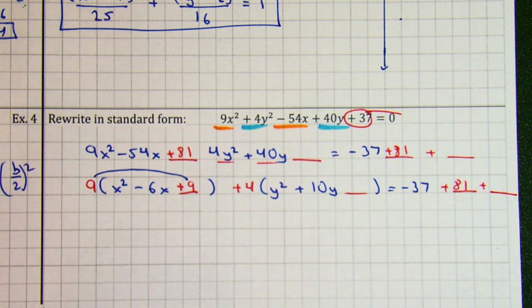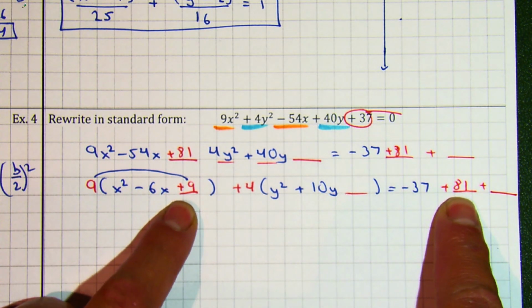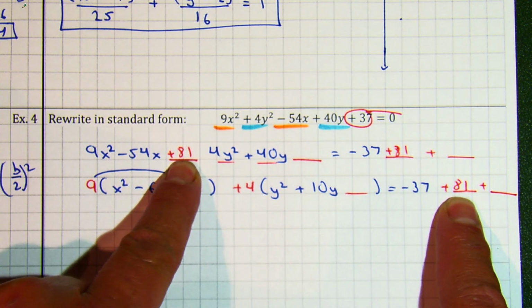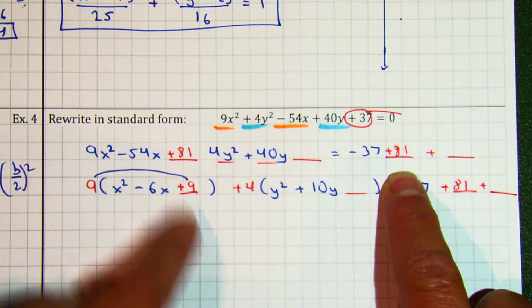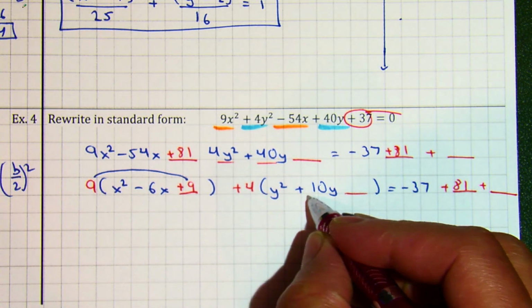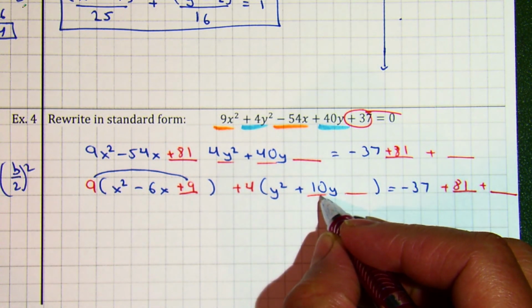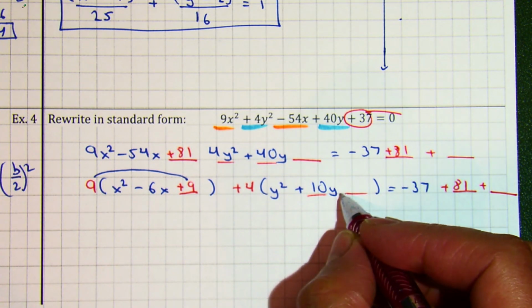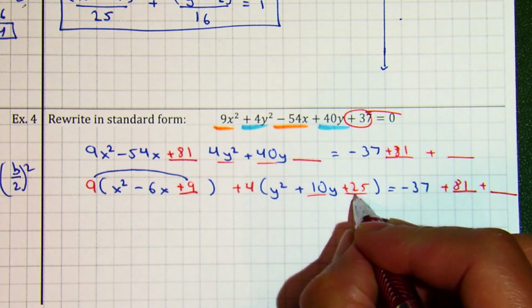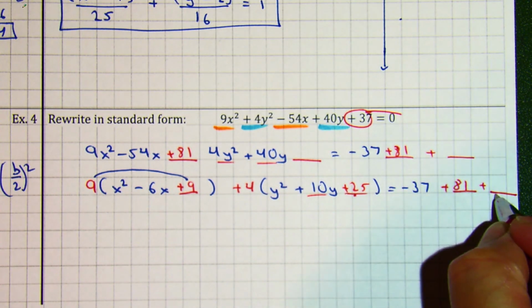Now most students just place that 81 here, but I want to make sure that you understand that that is what we are adding to one side, and we need to add the same to the other side. However, for this one, half of negative 10 is positive 5. Square gives me positive 25. And what I add on one side, what should go here? Correct.